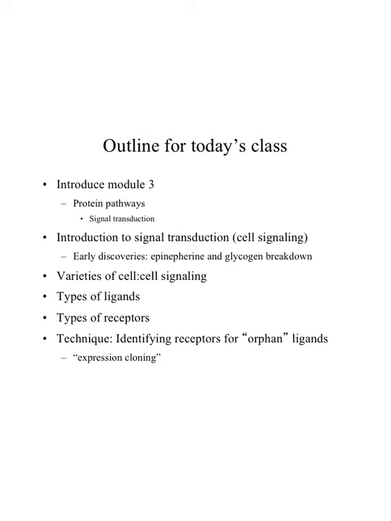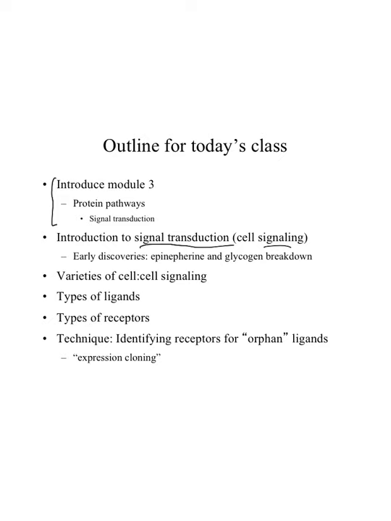By way of outline, I'll first introduce Unit 3 to you, give you a sense of the overriding theme, and then I'll go into an introduction to signal transduction, talk to you about how cells signal to each other.